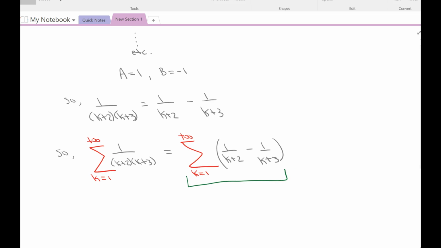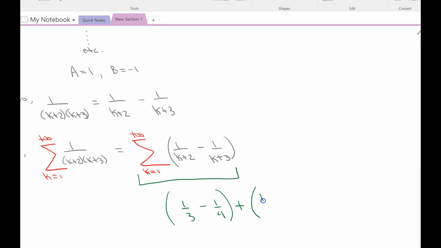Okay? When I plug in k equals 1, I get 1/3 minus 1/4. That is the first term. Plus. Okay. The next term is going to be, plug in 2, 1/4 minus 1/5.